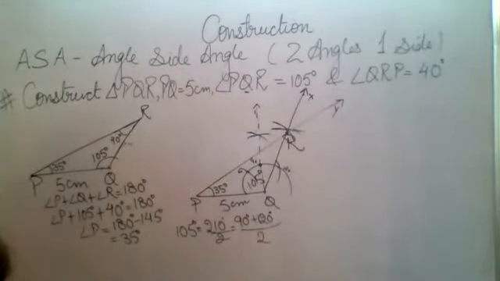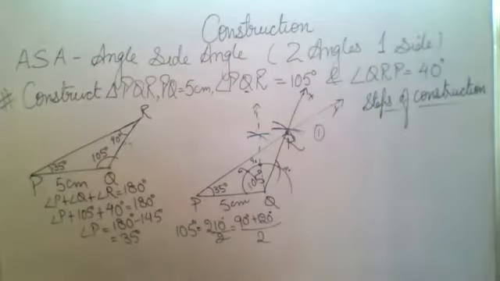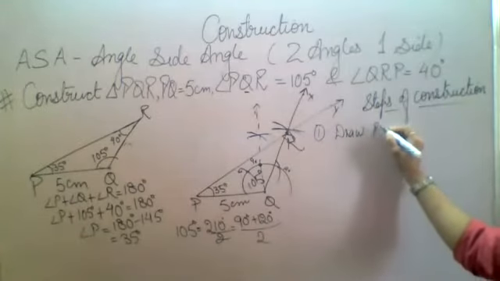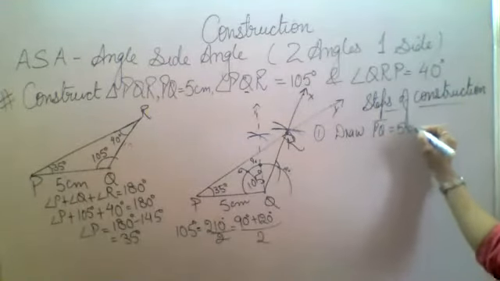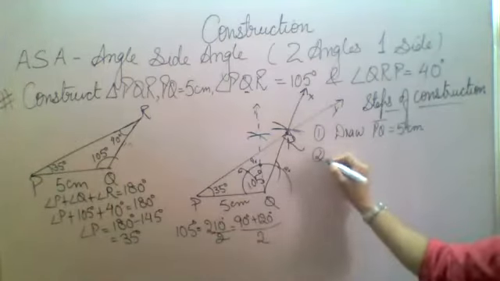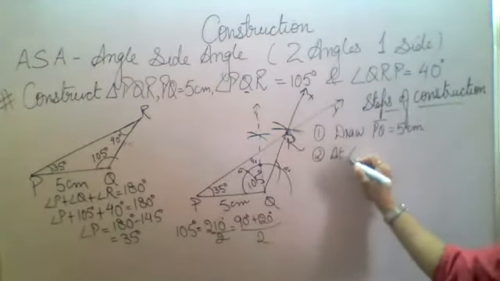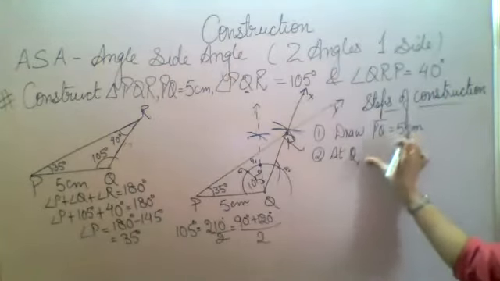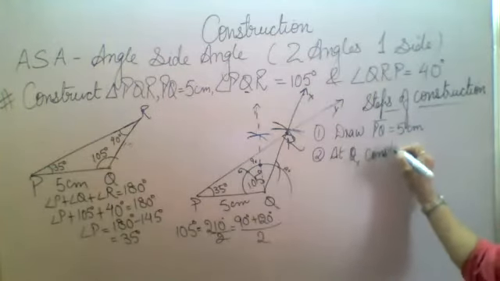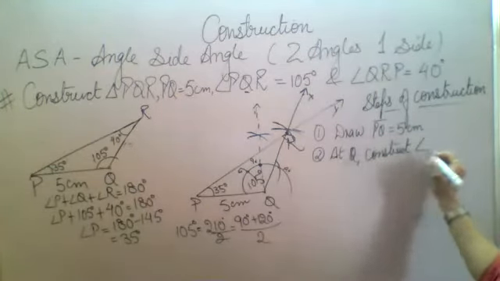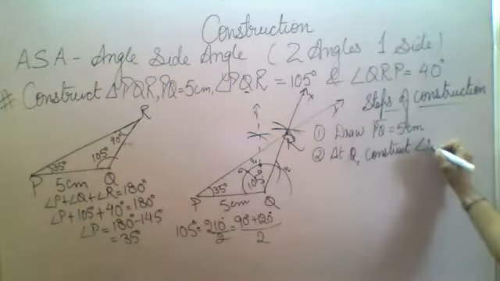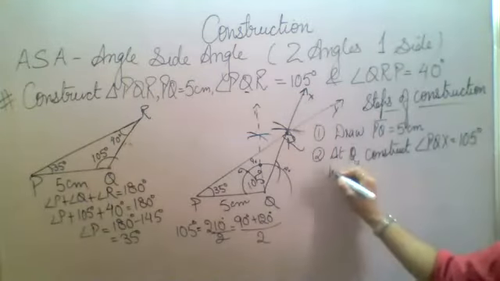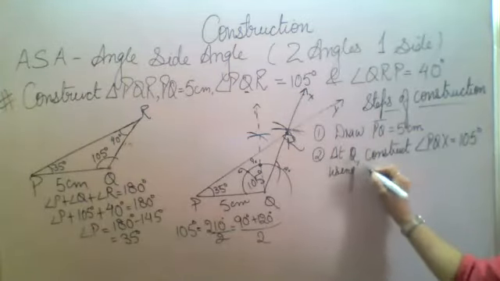Let's write steps of construction. For steps, draw line segment PQ equal to 5 centimeter. Then at Q, construct angle PQX equal to 105 using compass.